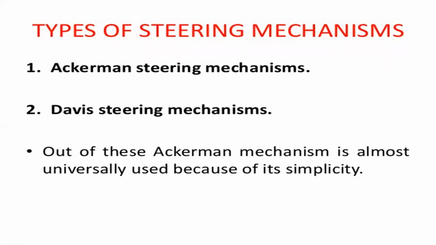Ackermann introduced his mechanism, that's why it is called the Ackermann steering mechanism, and Davis introduced his type of mechanism, called the Davis steering mechanism. Out of these, the Ackermann mechanism is almost universally used because of its simplicity.